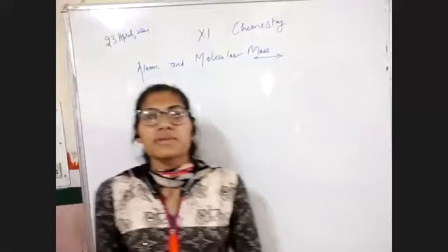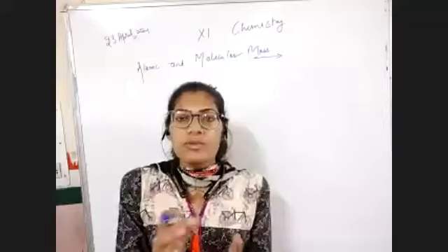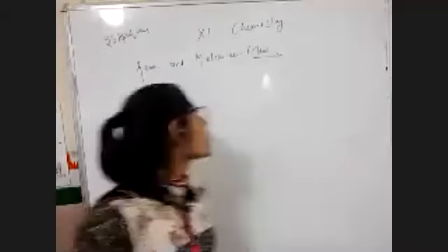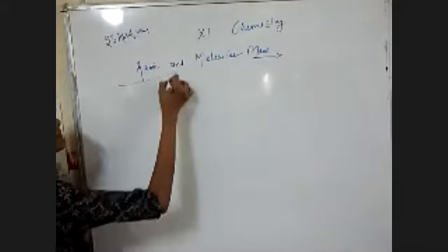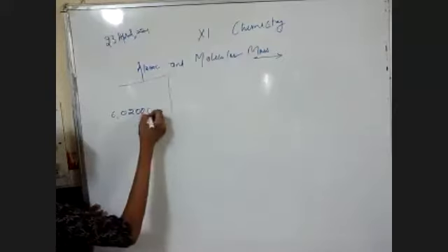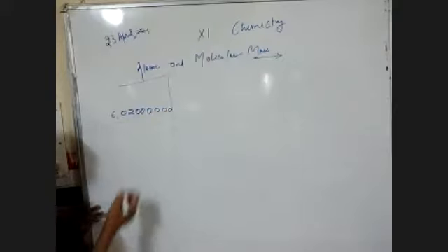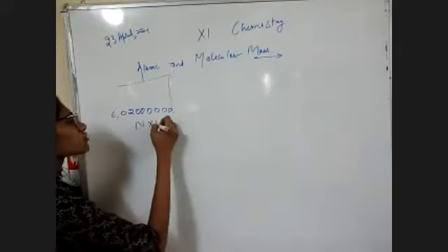Since an atom is very small, its mass would be very small. We also studied that atomic numbers have very big values, which is why we use scientific notation, N into 10 raised to power n.